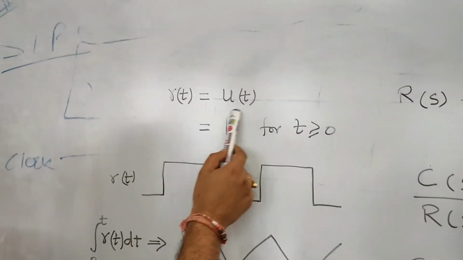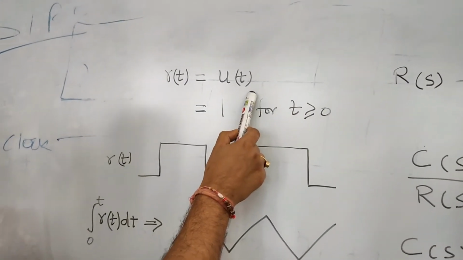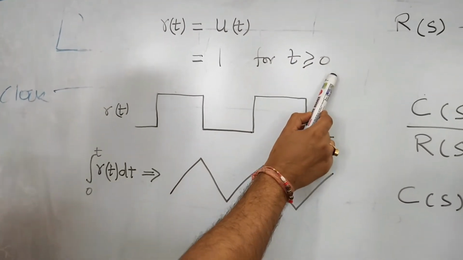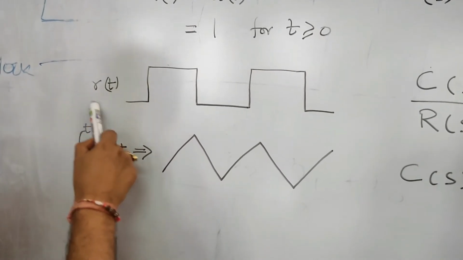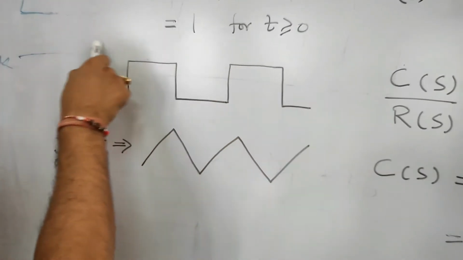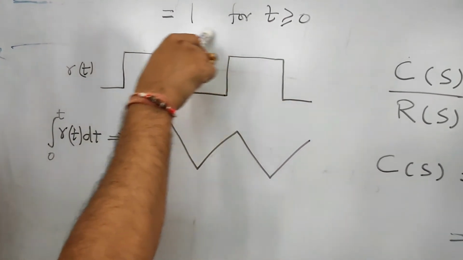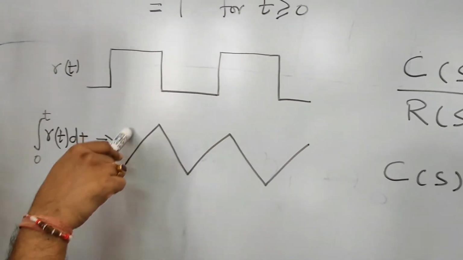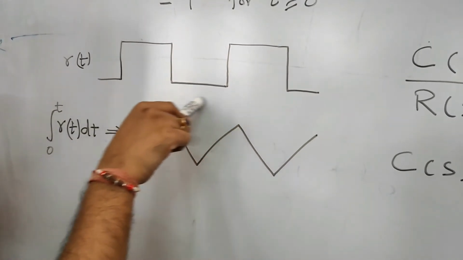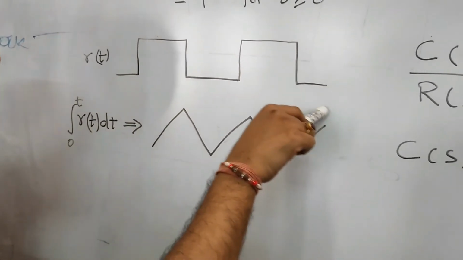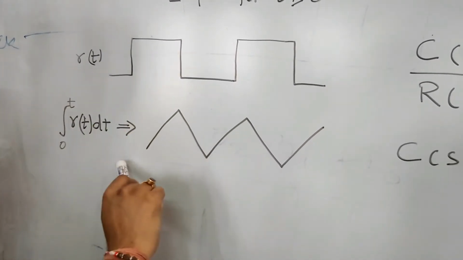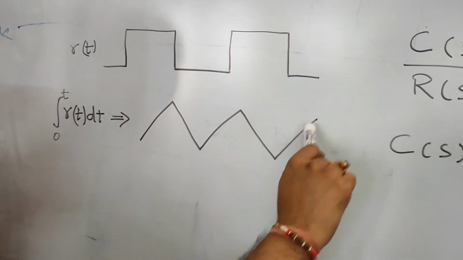Now if we are taking step input, then u(t) is equal to 1 for t greater than or equal to 0. If we are using a square input r(t) like this and passing it to a system whose transfer function is just k by s, you will see it on the kit, then integration of this square wave will give a ramp signal like this.